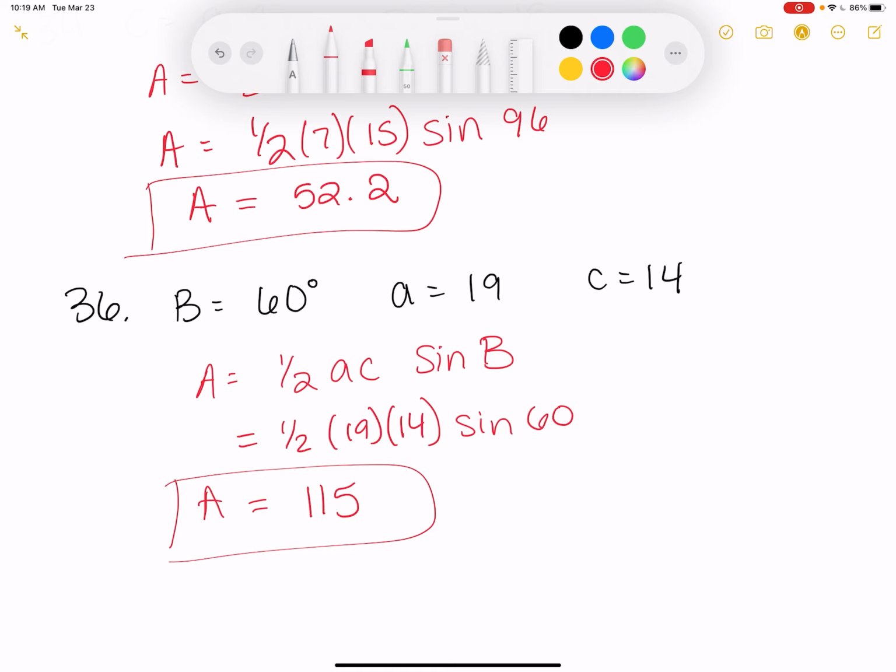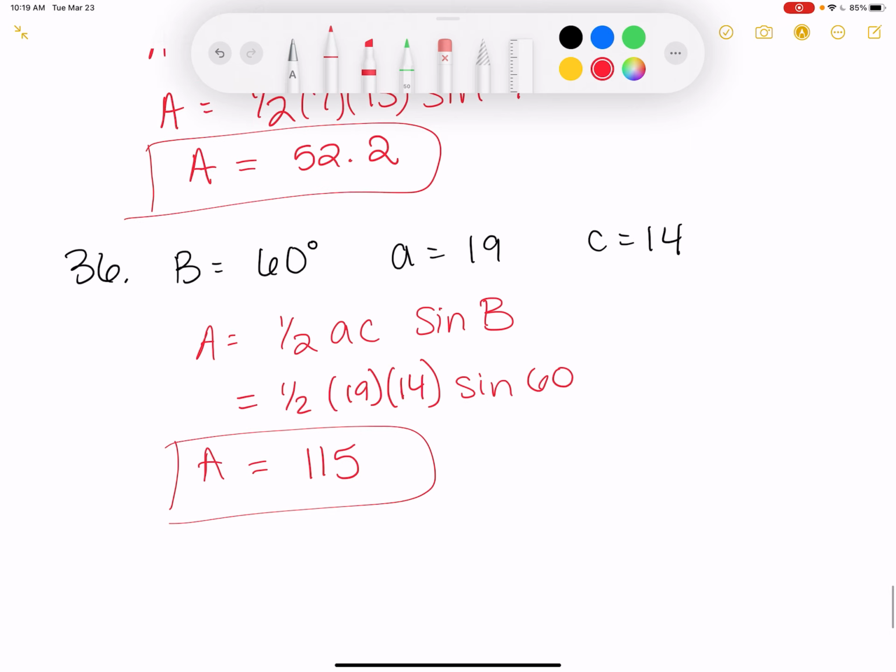I think they give you all three sides for that one, and you have to use the other formula. So just make sure you pay attention to which case we have. Right now we only have one case where it gives you two sides and an angle, but next section we are getting another one. Do we need to see another area one, or are we okay?